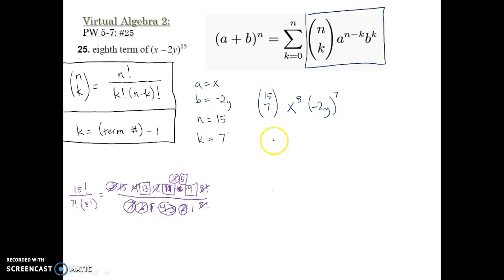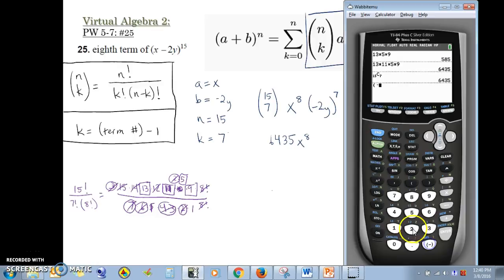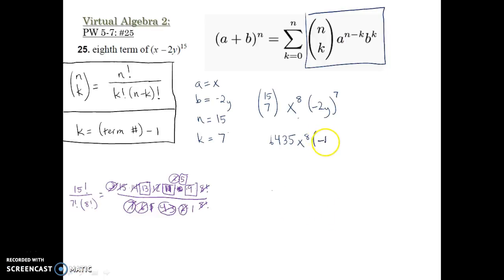So 15 choose 7 was 6,435 times x to the 8th times, let's see, what's negative 2 to the 7th power? Negative 2 to the 7th power is negative 128. So this is times negative 128y to the 7th. And now I just need to multiply my coefficients here.